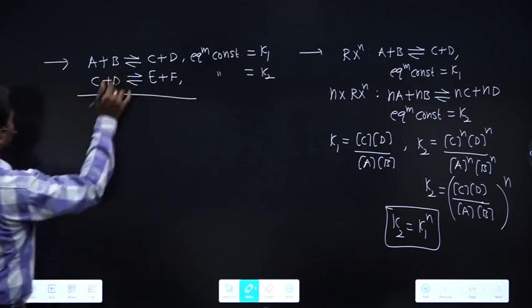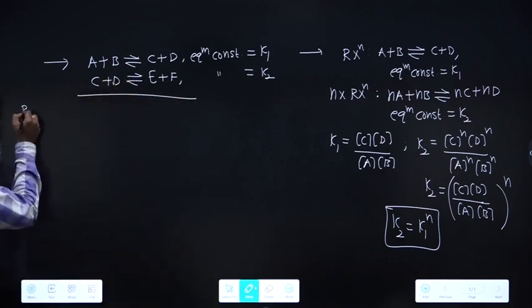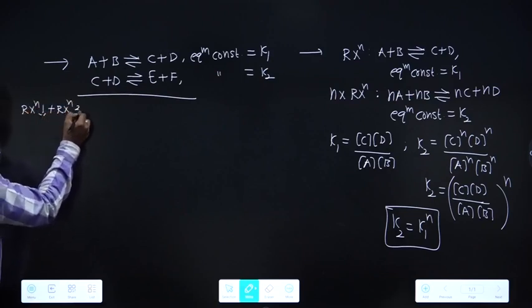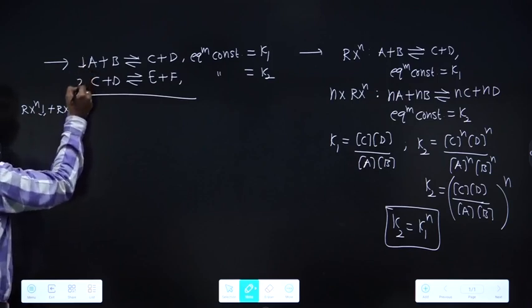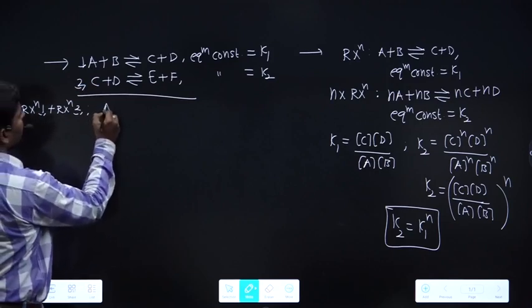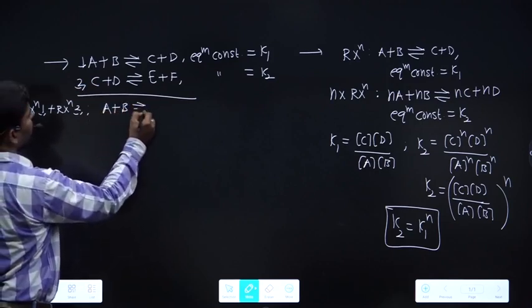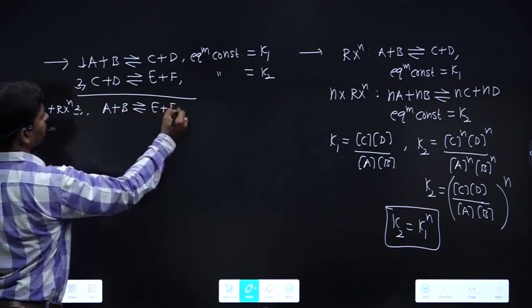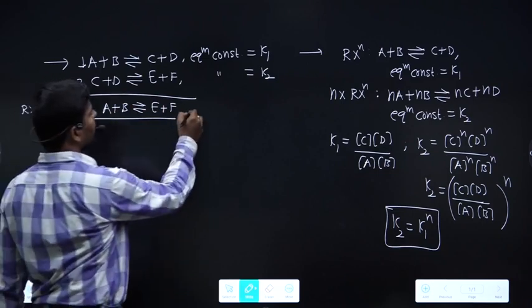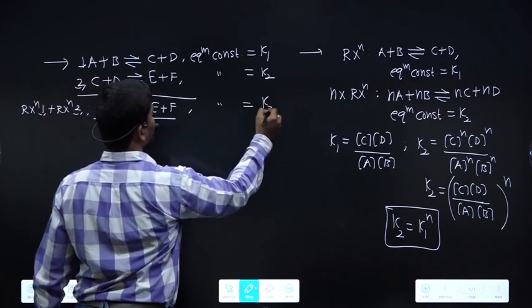If you add these two reactions, reaction 1 plus reaction 2, what are we getting? A plus B is in equilibrium with E plus F. For this I am taking the equilibrium constant as K3.